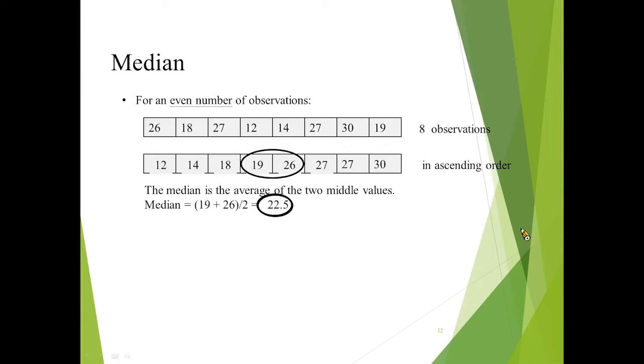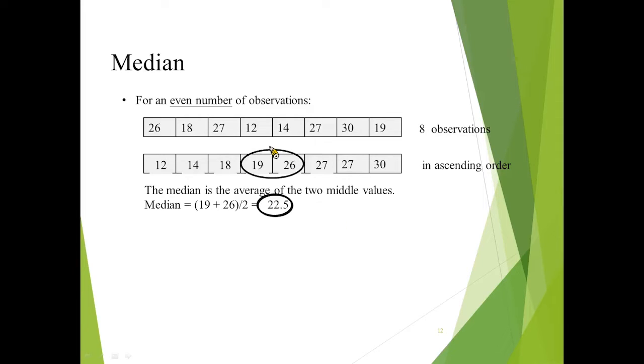For another example, because this has an even number of observations, we don't have a single middle one, so we take the average of the two middle values: 19 plus 26 divided by 2, which is 22.5.